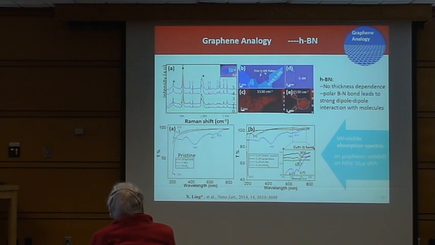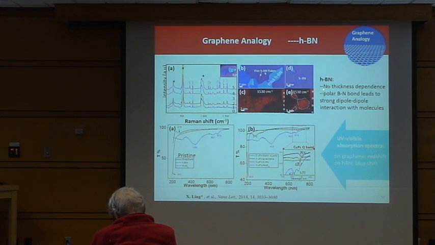For HBN, the boron-nitrogen bond is polar, so you can have very strong dipole-dipole interaction with the molecule. But for graphene, it's charge transfer interaction. So both of them can enhance the signal, just based on different mechanisms.